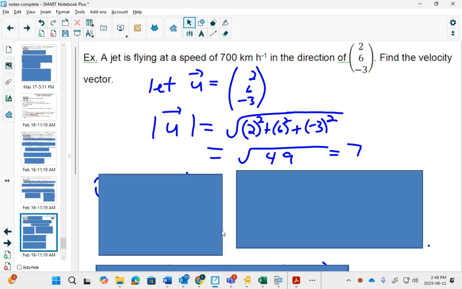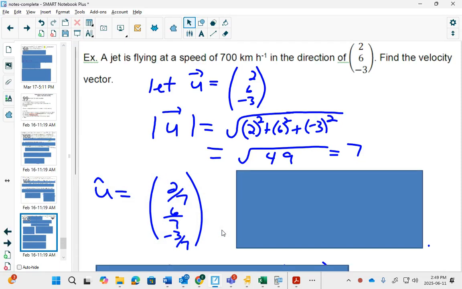What could I possibly do to make its length 700? Multiply by 100. And sometimes, if this wasn't a nice number that you could do this easily, you could find the unit vector, which is the length of 1, right? If I put the 1/7 in front of this, that would be the unit vector. And then I could times that by 700. But since it's such easy math, you can easily see you need to multiply by 100. So there's my unit vector.